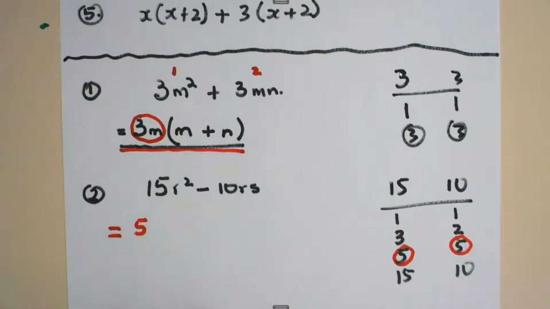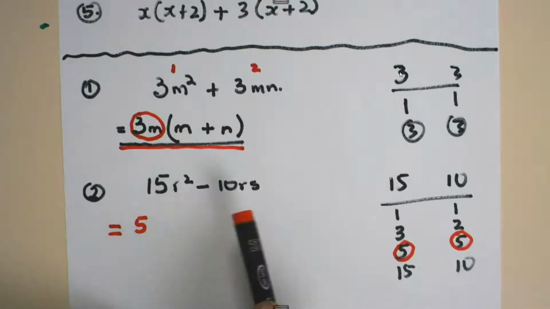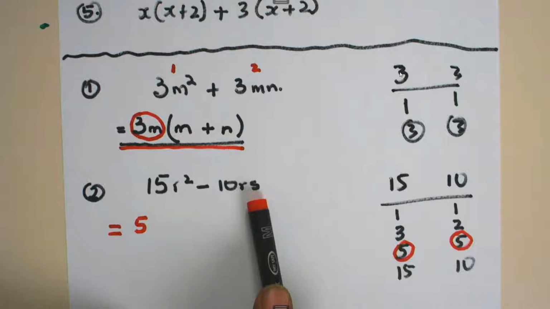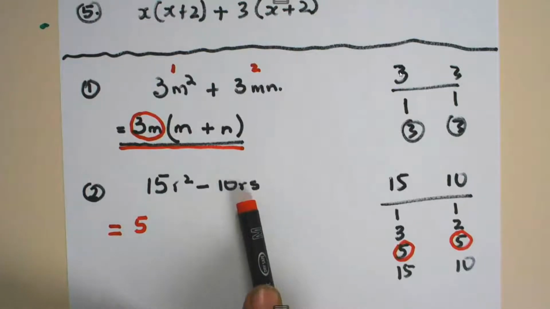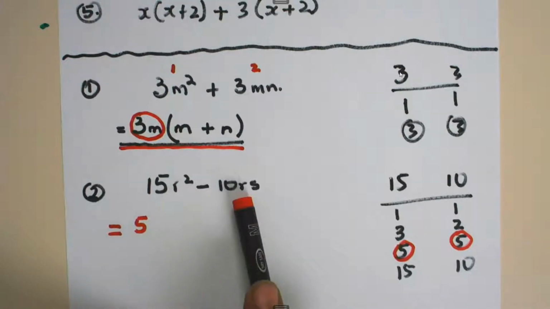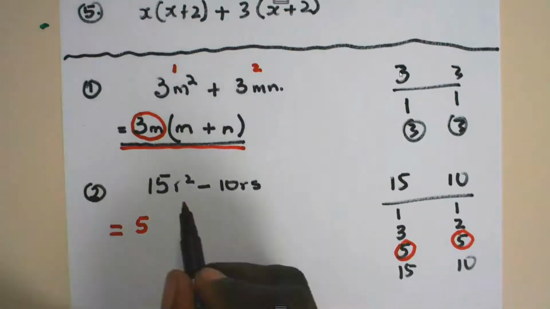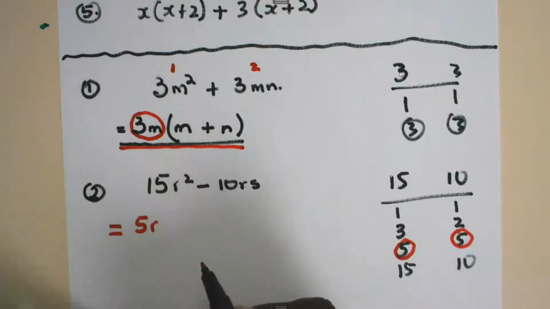Now we're looking at the variables. In the first term, we have r squared. In the second term, we have rs. You can see r in the second term is there, and r squared in the first term is there. We're taking the common variable with the smaller degree, which in this case is only r.